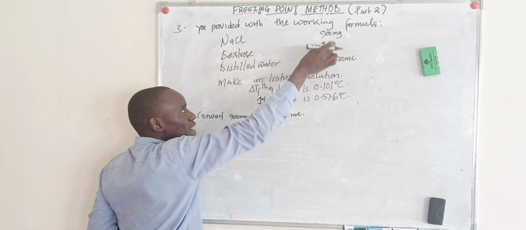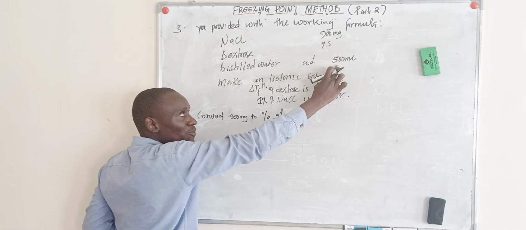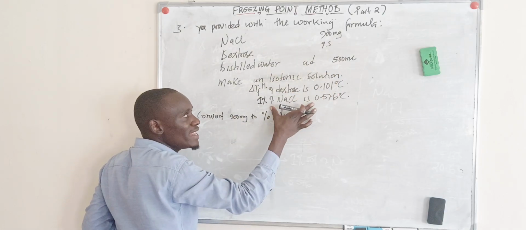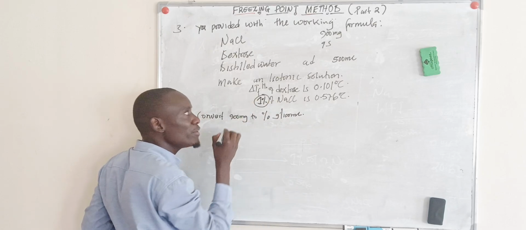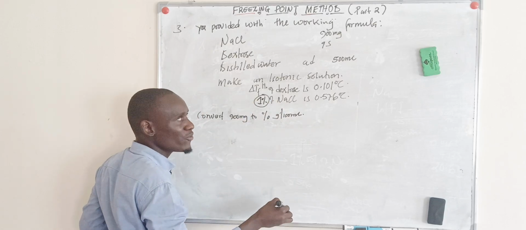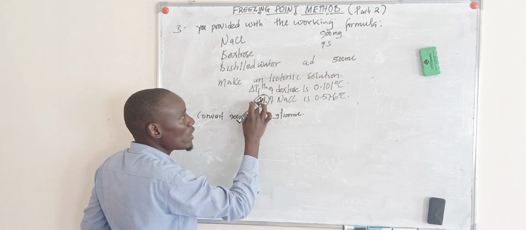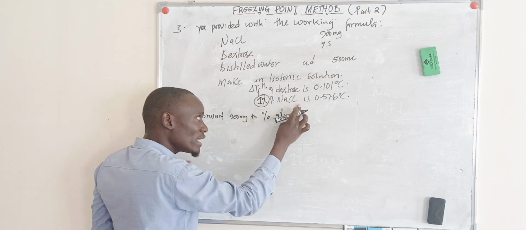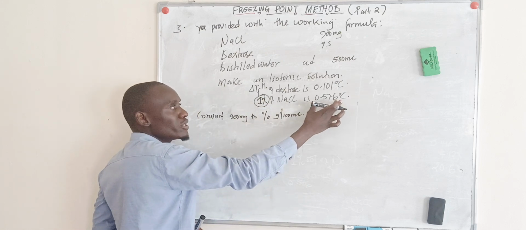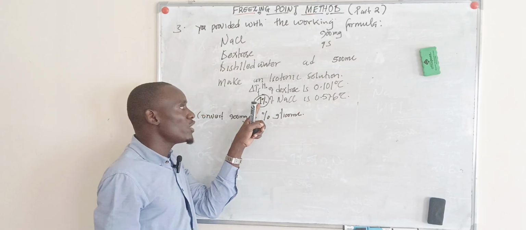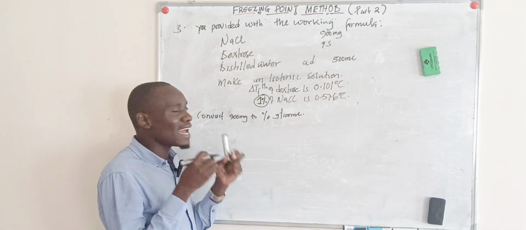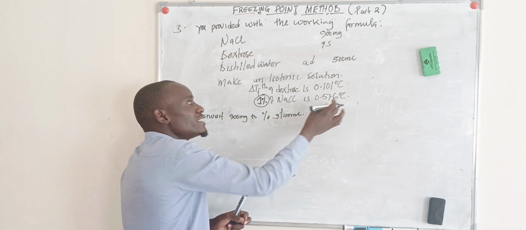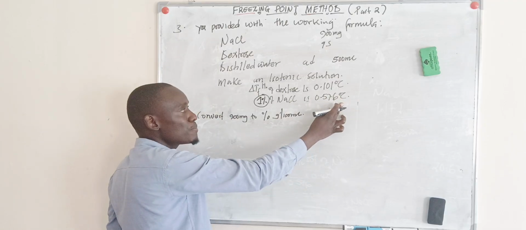But remember, this mass is in 500 mils. But when we are dealing with freezing point depression, we determine for what is in 100. Because when we say a 1% solution of sodium chloride produces this freezing point depression, it means that when we dissolve 1 gram of sodium chloride in 100 mils of water, it produces this freezing point depression.